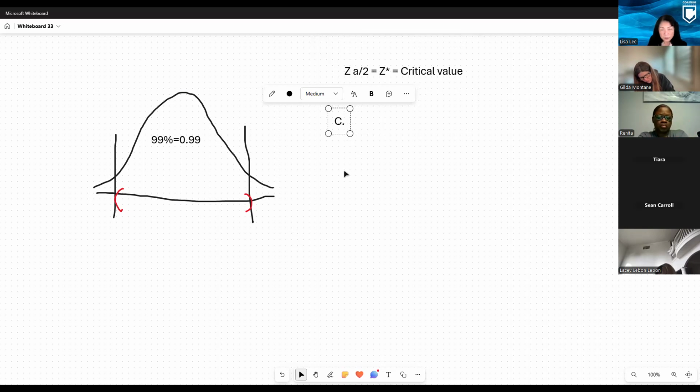CL, when you look at your TI-83 or 84, they put the CL there. That's the confidence level, 0.99, or 99%. What is not the confidence level is what we call the significance level.